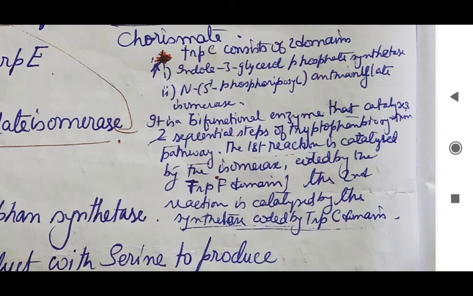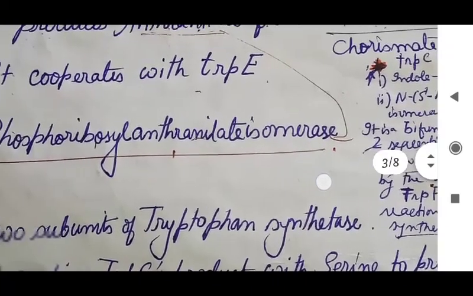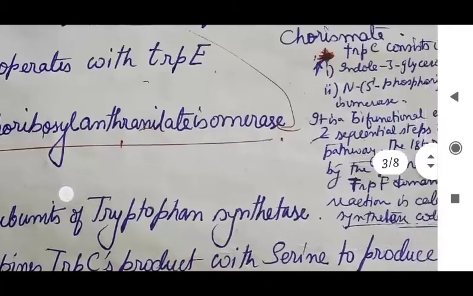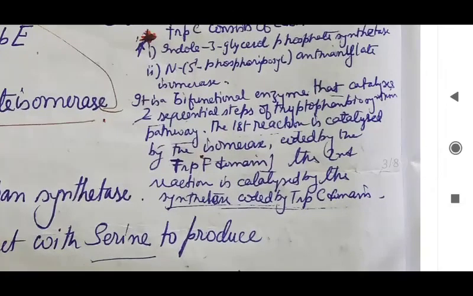This TRPC, which encodes this enzyme phosphoribosyl anthranilate isomerase, as you can see here, is a bifunctional enzyme. It catalyzes at least two steps needed for the tryptophan biosynthesis pathway.